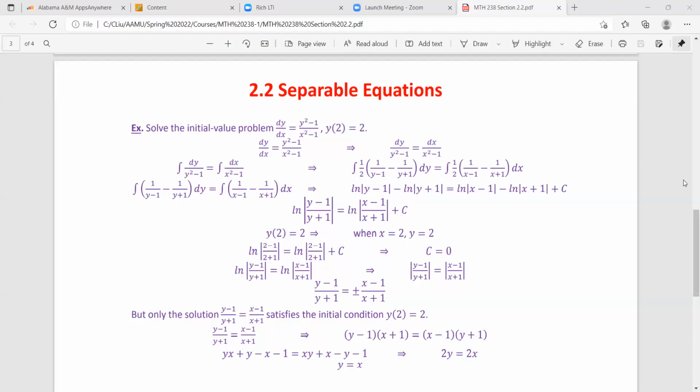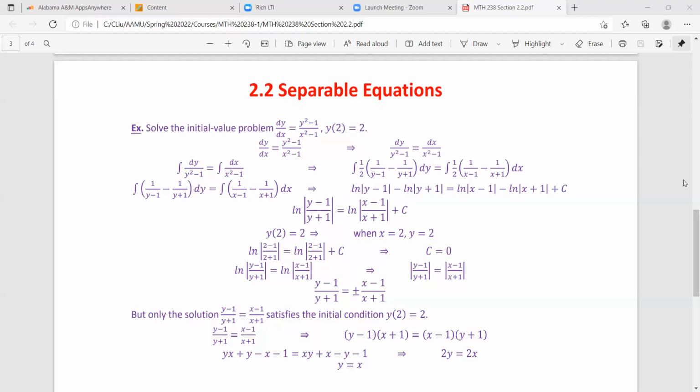y of 2 equals 2. That means if you plug in x equal to 2, you should get y equal to 2. So if we plug in 2 for x and 2 for y, the solution should be valid. So plug in 2 for y on the left and 2 for x on the right, you're going to get the natural log of absolute value of 2 minus 1 over 2 plus 1.